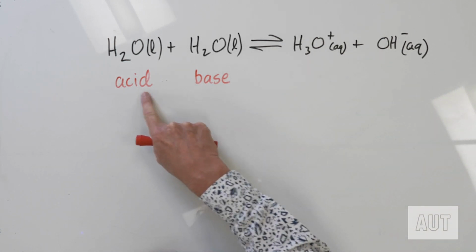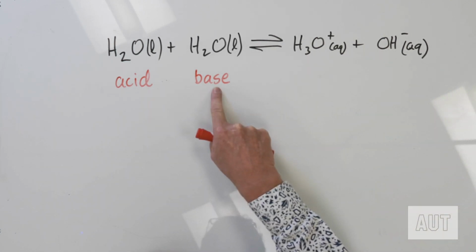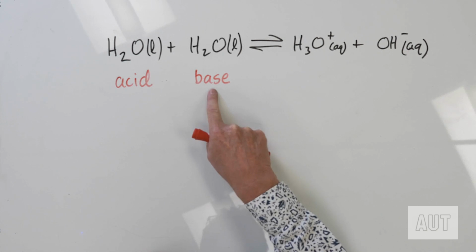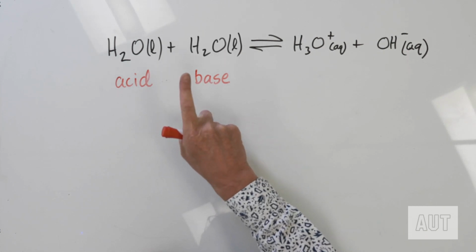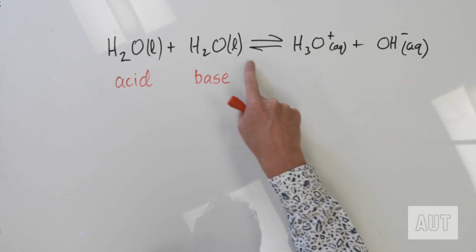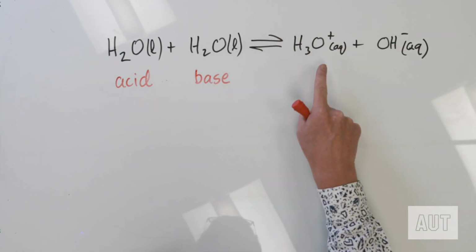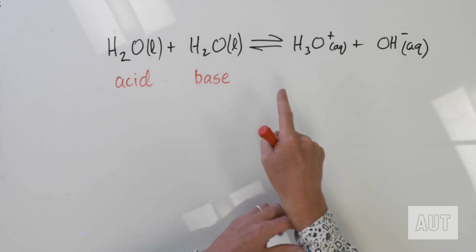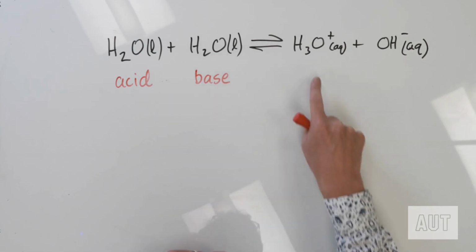Now, a little bit of thought hopefully will convince you that if the forward reaction involves the transfer of a single proton from an acid to a base, then the reverse reaction must also involve the transfer of a single proton from an acid to a base.